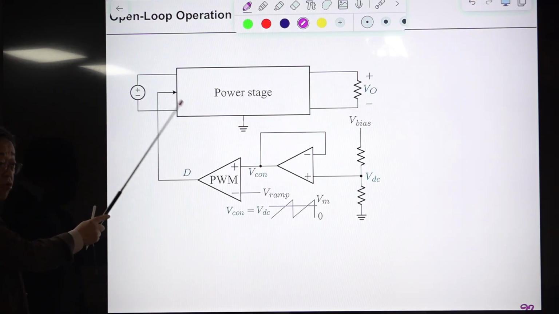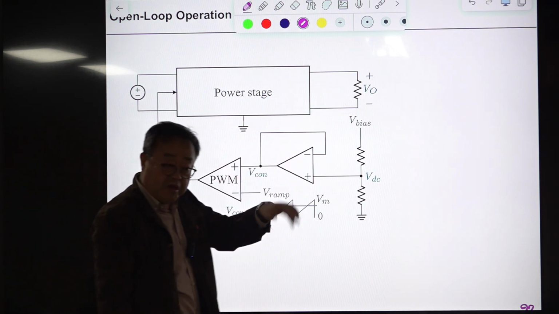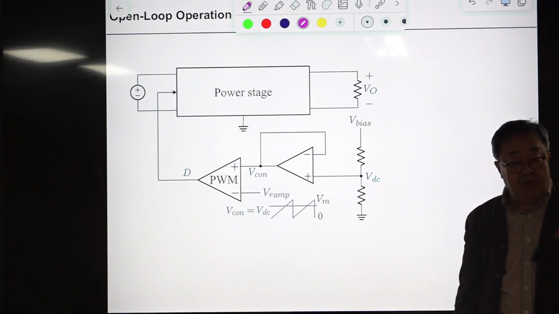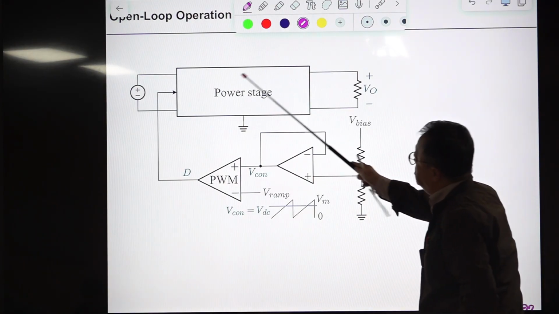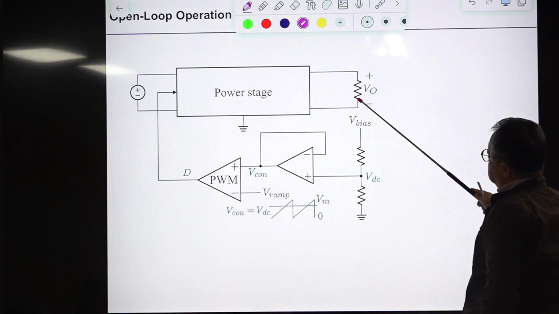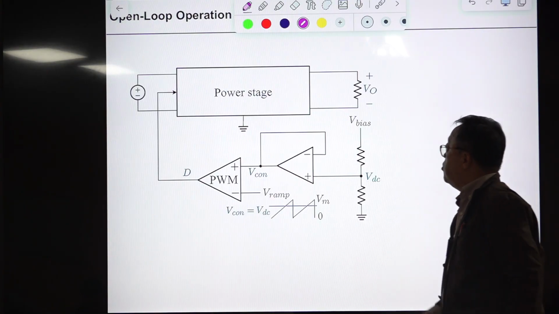We are talking about the buck converter, but there are boost converters and buck-boost converters. There are numerous variations of the three basic converters, and any of them can sit here. This is the power stage, and this is the load resistor, and this is what? This is a unity gain buffer, and this is a PWM block.